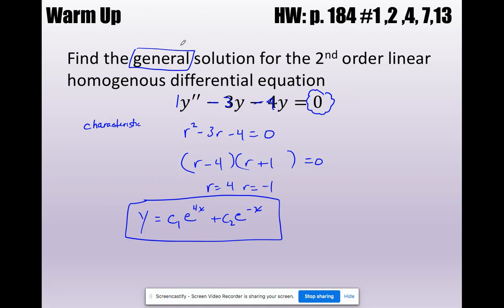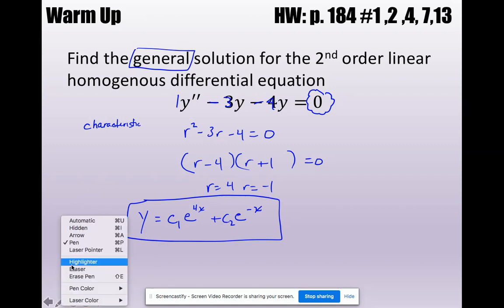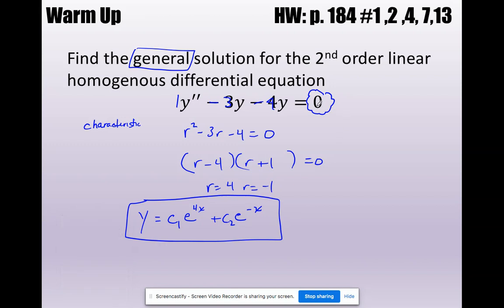Now, what we're going to do today is use this same homogeneous equation throughout the lesson, but I'm going to change that 0 to a function so that it's non-homogeneous. I don't know whether to say homogeneous or homogeneous, just don't know.